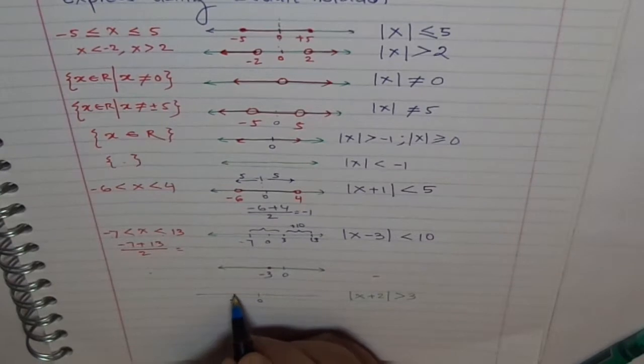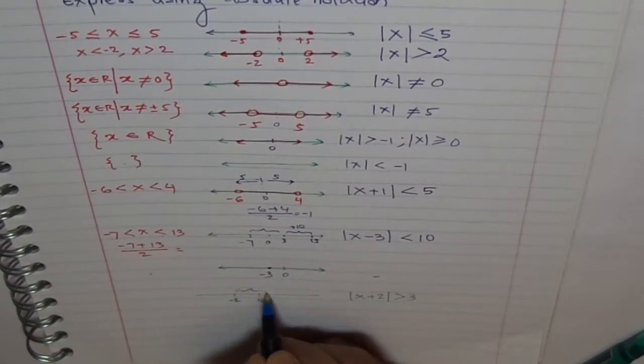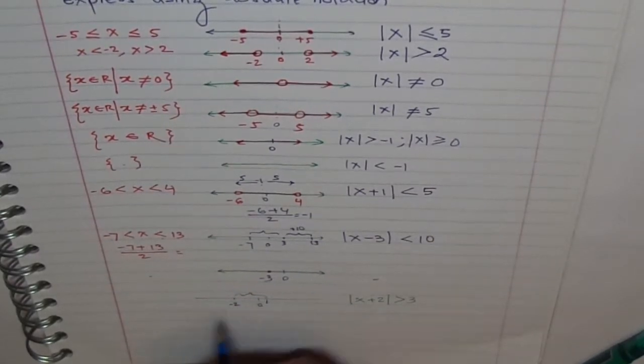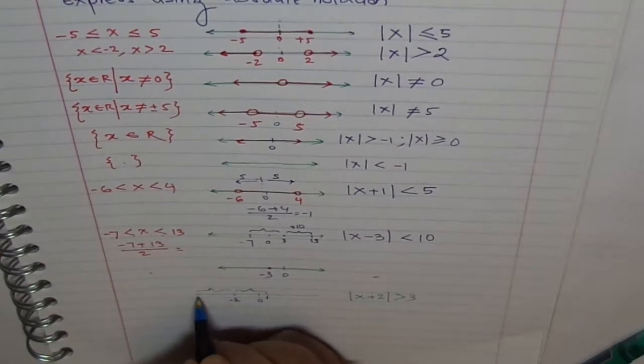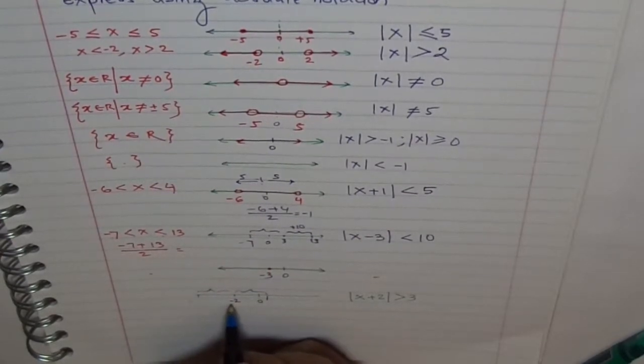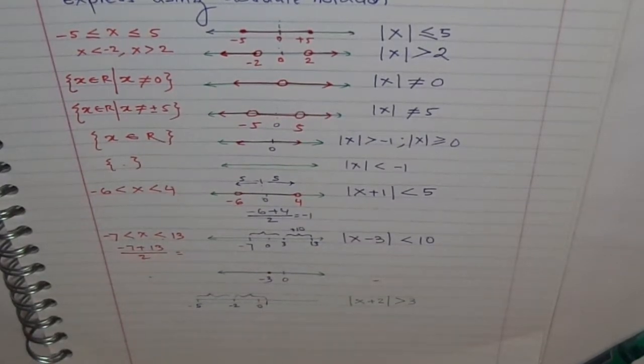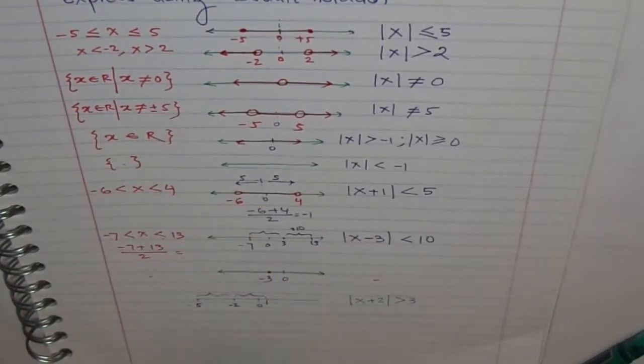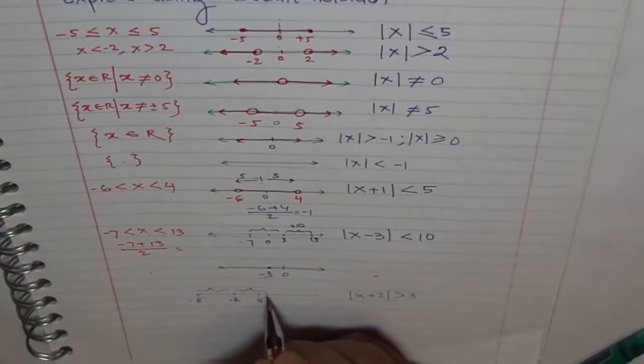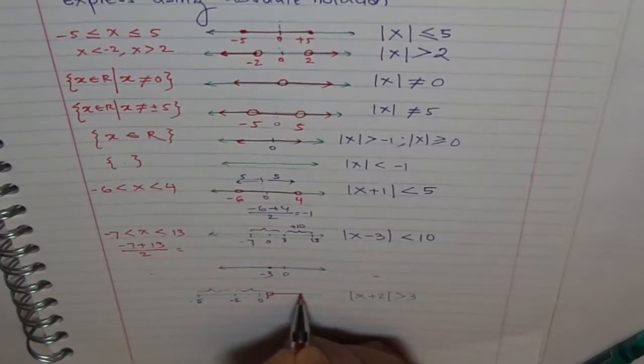So 3 units from here will be at 1, and this side will be minus 2, minus 3, minus 5, correct? So what I am looking for is this distance to be more than 3. That is our solution.